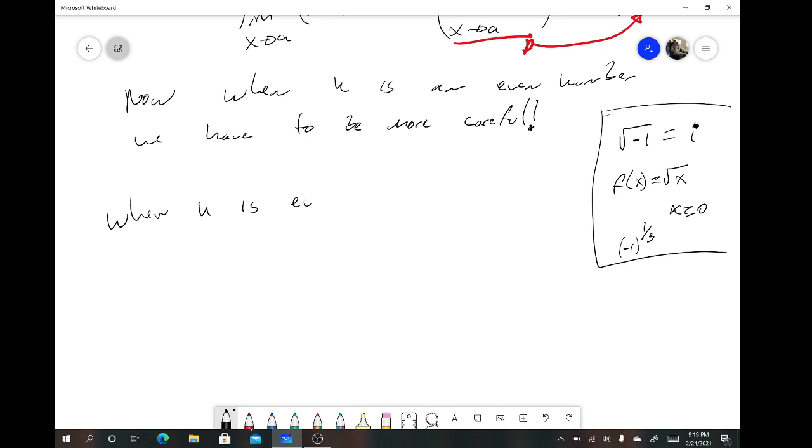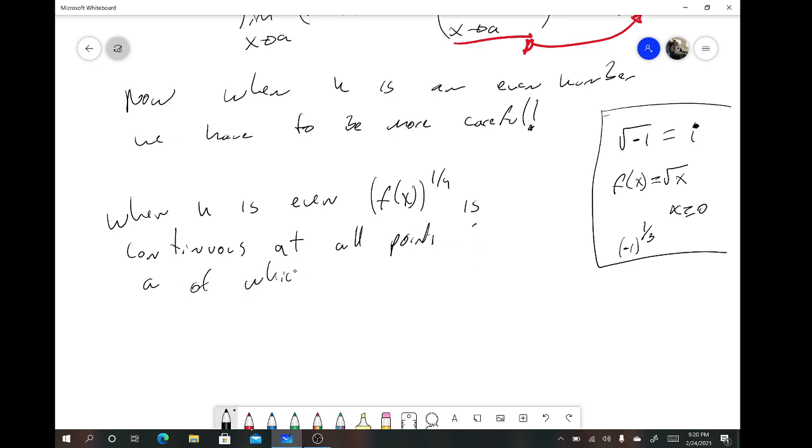When n is even, then, excuse me, if n is even, then f of x to the 1 over n is continuous at all points of a at which f is continuous.